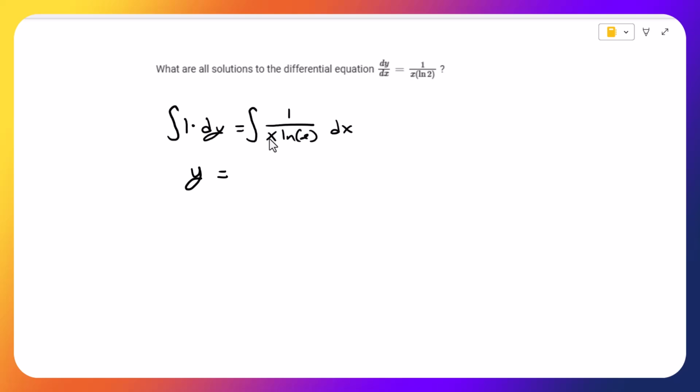So we get 1 over ln of 2 times ln of the absolute value of x plus c. So ln of 2 is just a number, it's just a constant, so I can pull it out, and then the antiderivative of 1 over x is ln of absolute value of x. We get that. Boom. Done.